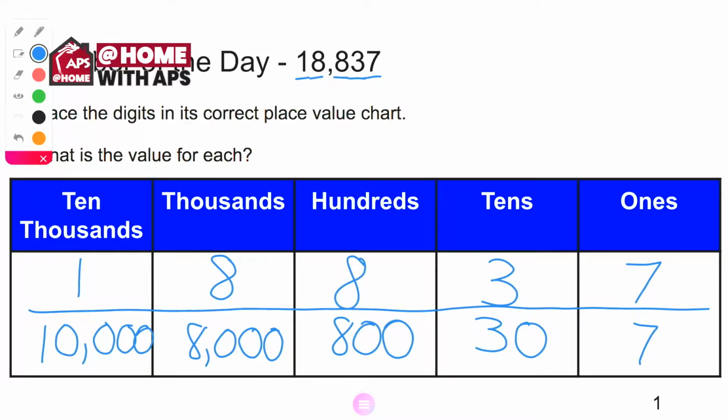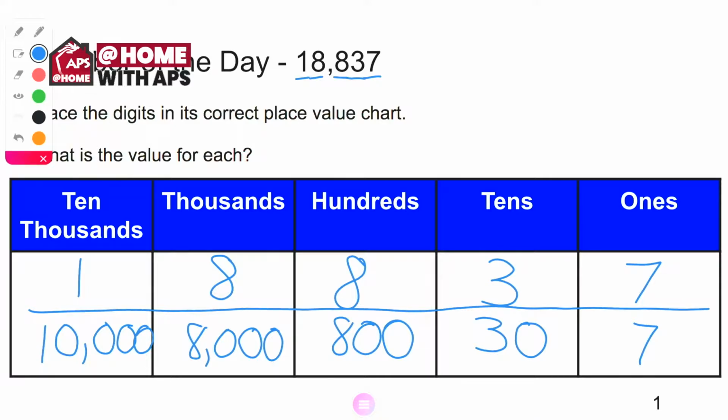Now, last time I asked you a question. I think our number was like 3,789, something like that. And I said, I would want that. Would you want that or would you want this? Do you remember what my question was? I'd want this one with money, right? If I had 18,837 pennies, or would I want $3,789?